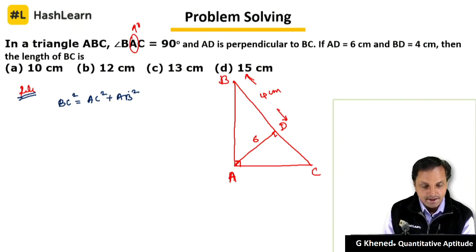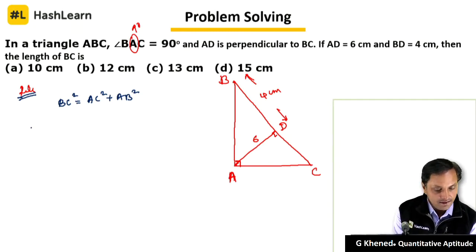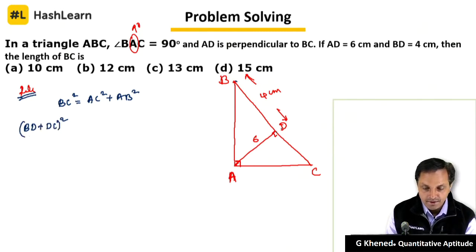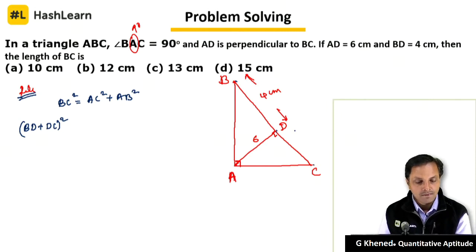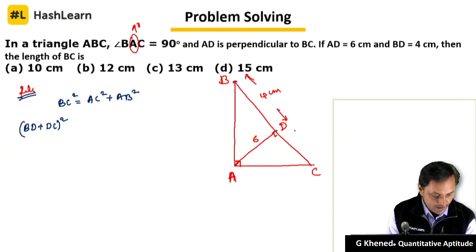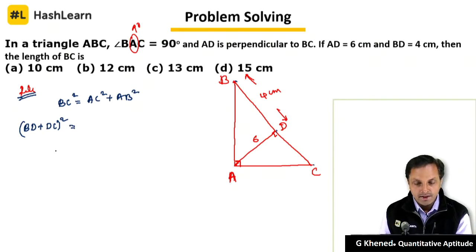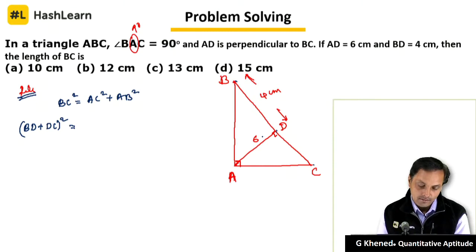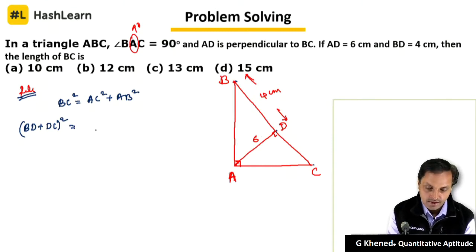So you can easily say BC is BD plus DC, total BC. Then what will be AC square and AB square? This is the hypotenuse. AC square can be written as AD square plus DC square.